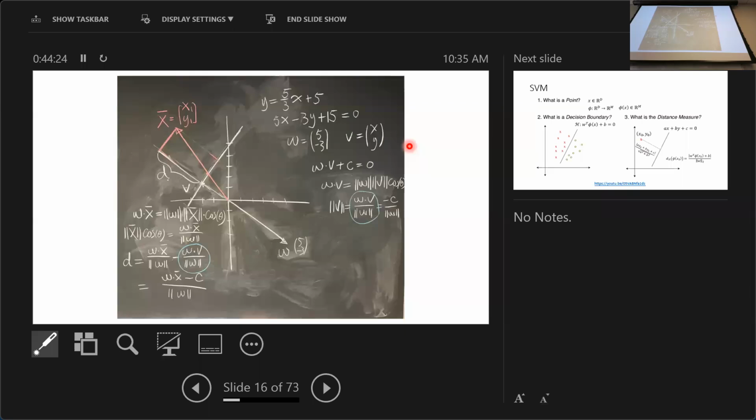So with that equation, I can give the length of V as minus C, I have a typo in there.